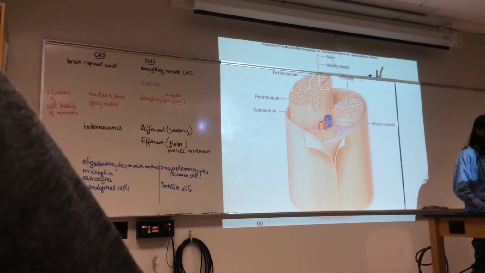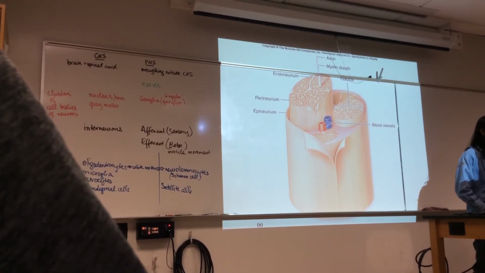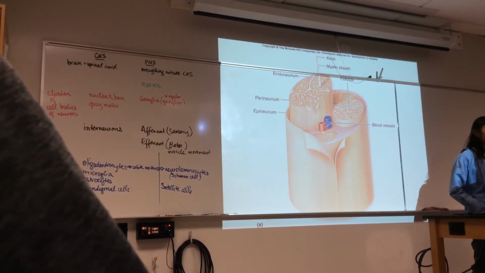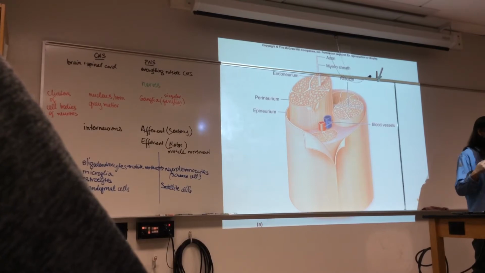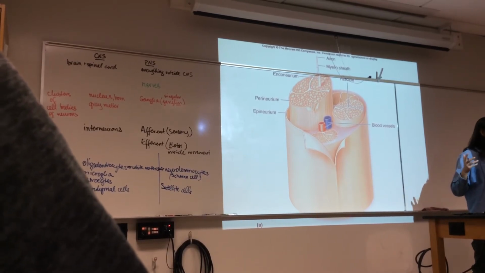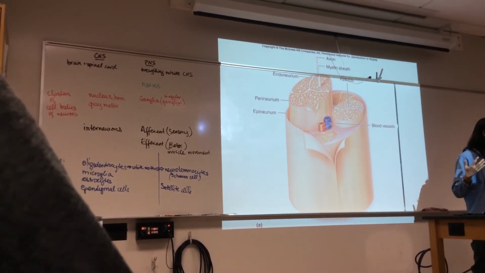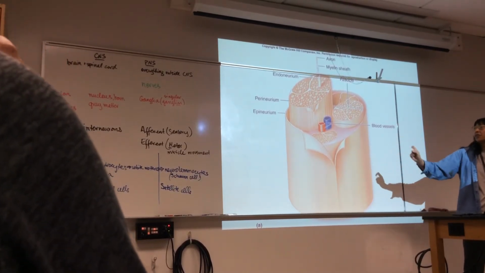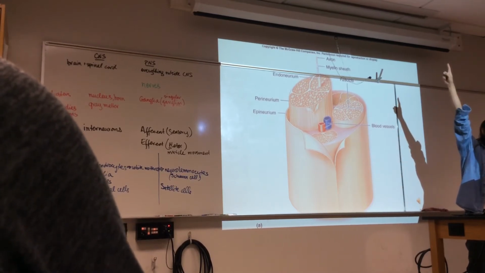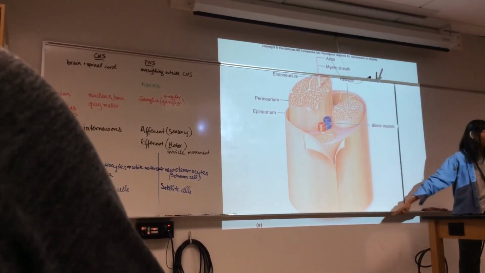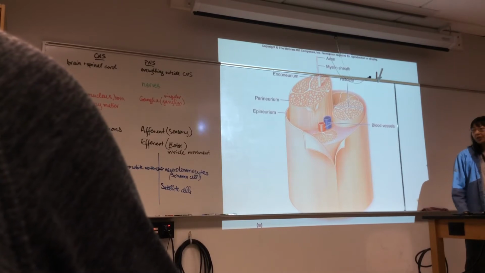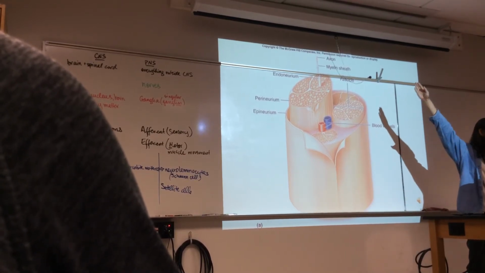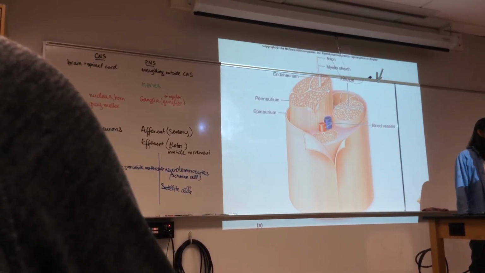I kind of gave you the hint. Nerve can be motor, sensory, or mixed. The answer would be both, right? Because a nerve can be motor, sensory, or mixed. If it's mixed, then the axon that you see, the cell body might be up there. The axon is coming down, agree? If it's the opposite, if the cell body is down here, the axon is carrying the message up. Does that make sense?